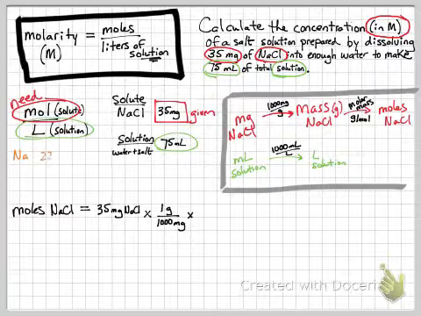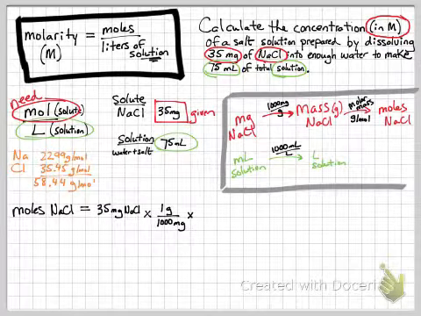It happens that sodium has a molar mass of 22.99 grams per mole, and chlorine 35.45 grams per mole. So just getting those off of a periodic table. Adding that up, we find that sodium chloride's molar mass is 58.44 grams per mole.